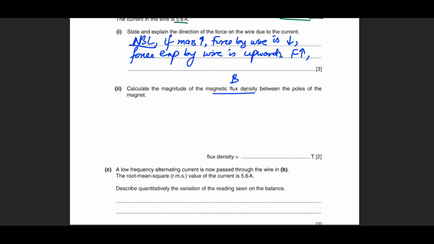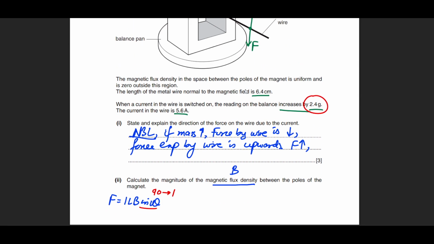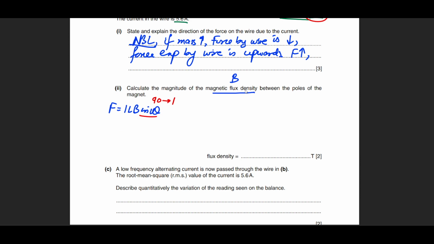Calculate the magnitude of magnetic flux density. So we are supposed to find the value of B between the poles of the magnet. Very simple to do. We are going to use the formula F equals ILB sine theta. And if we are assuming a perpendicular magnetic field, this sine theta, with 90 degrees, will become 1. Now be clever about this. The force is being given to us in terms of grams, so we have to convert this into weight.